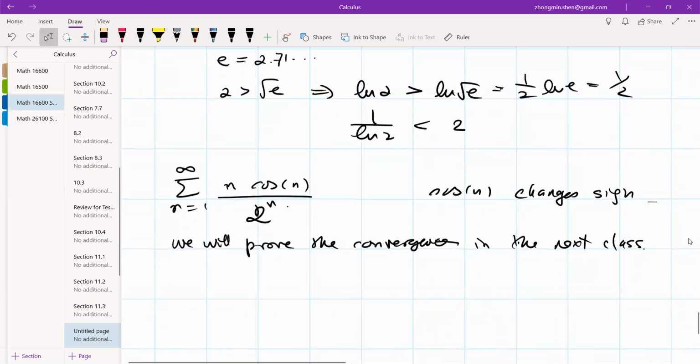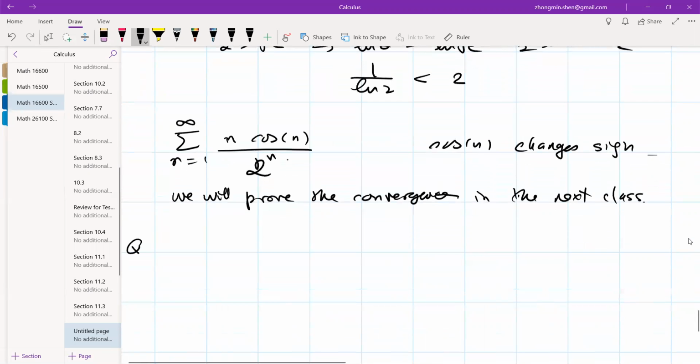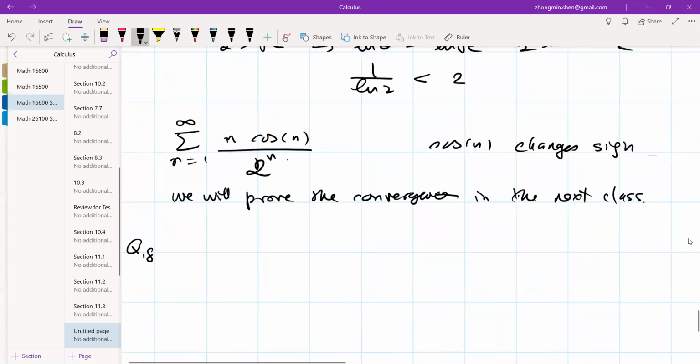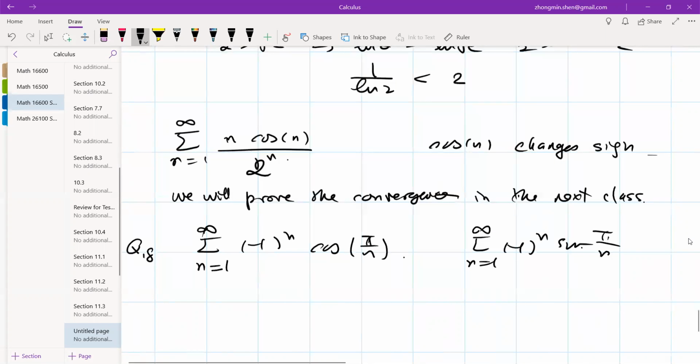All right. How about the next problem? I have a cosine pi over n. Another one is cosine pi over n. All right. Which one is convergent? Or both are convergent?